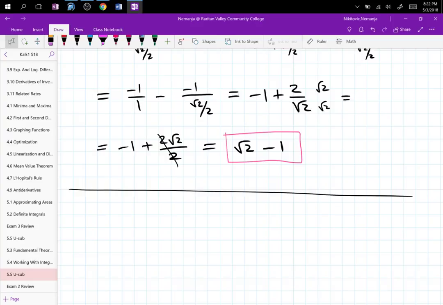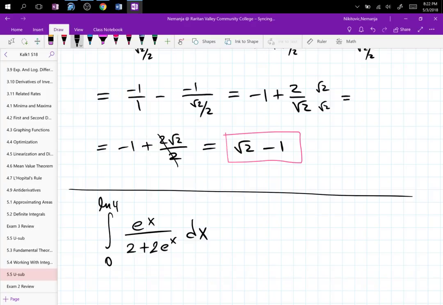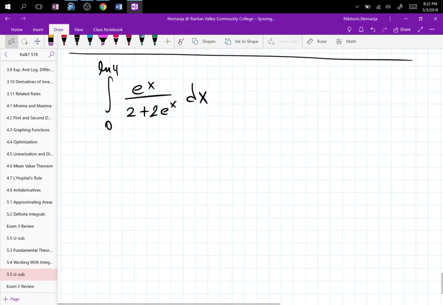So one more problem. The integral from 0 to ln 4 of e to the x divided by 2 plus 2e to the x dx. So this would probably be the spiciest problem tonight. So you're looking at this, and I'll tell you one of the secrets.